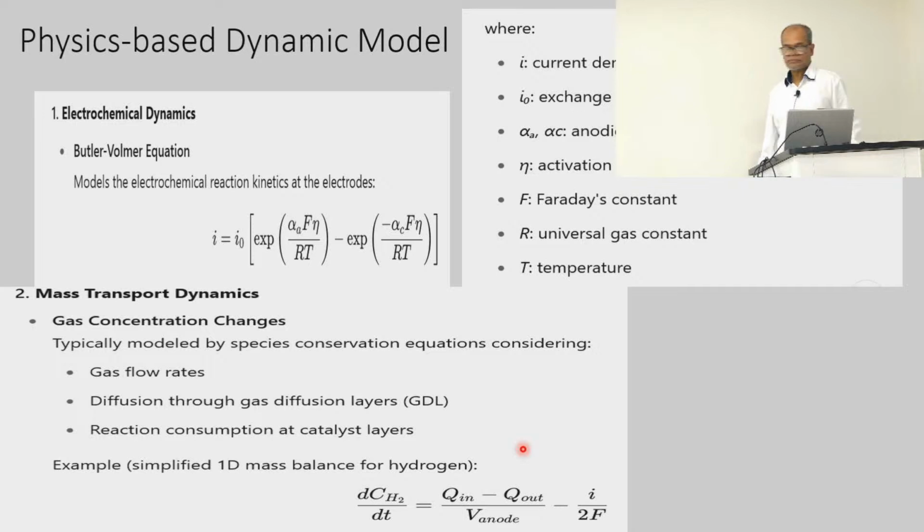Now, in terms of mathematics, we already explained the electrochemical dynamics, the same equation, the semi-empirical model, but on top of that we consider the mass transport dynamics, which include the gas flow rates, diffusion through the gas diffusion layer, and then reaction consumption at the catalyst layer.